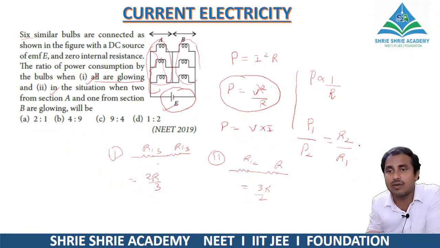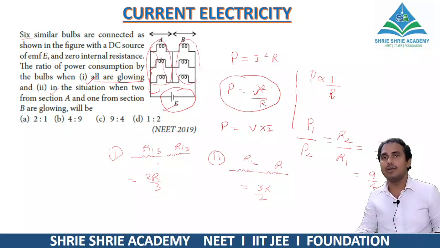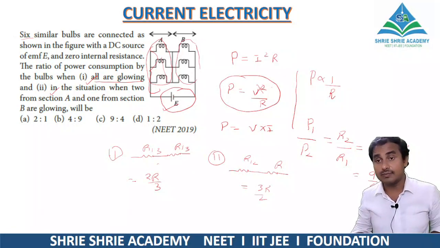So easily you can find R2 is 3R by 2 divided by 2R by 3. So you get 9 by 4. This also has only one concept: voltage is the same, so we have to apply V square by R. So power is inversely proportional to resistance, right? So this is the second one.